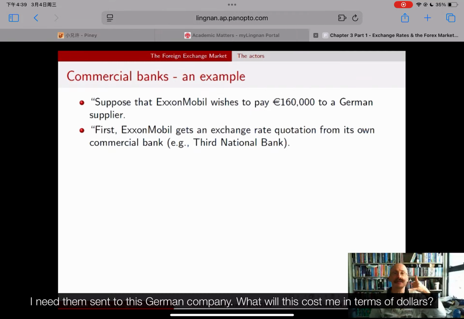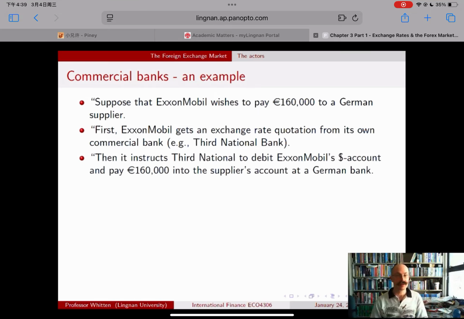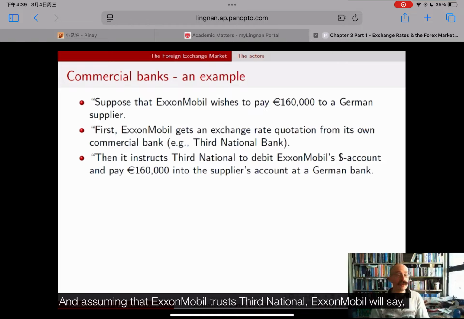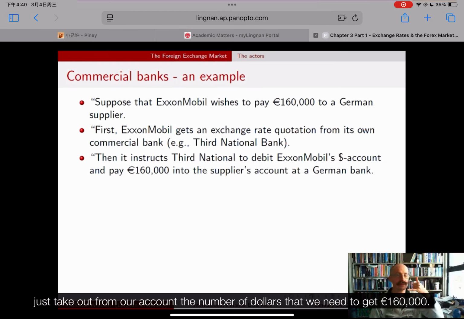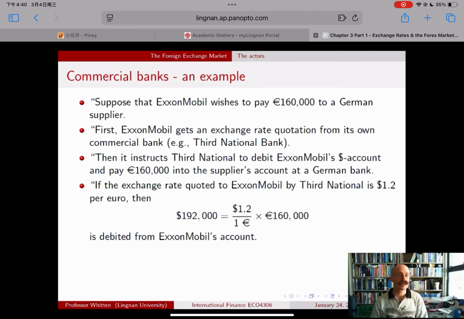I need them sent to this German company. What will this cost me in terms of dollars? And assuming that ExxonMobil trusts Third National, ExxonMobil will say, just take out from our account the number of dollars that we need to get the 160,000 euros.